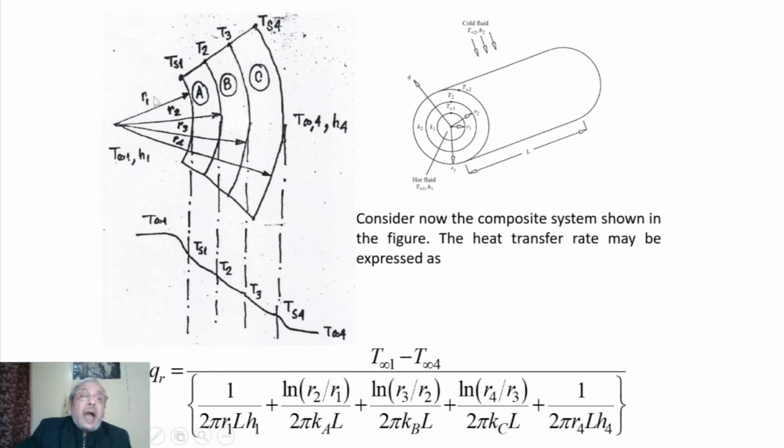At R1 the temperature is Ts1, at R2 it is T2, at R3 it is T3, and at R4 it is Ts4.